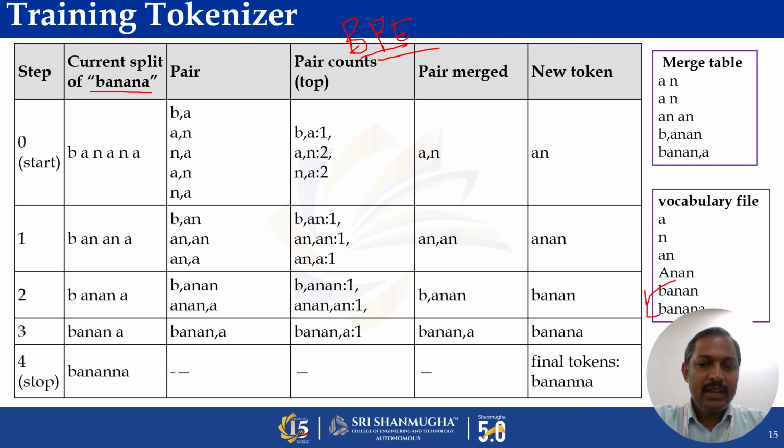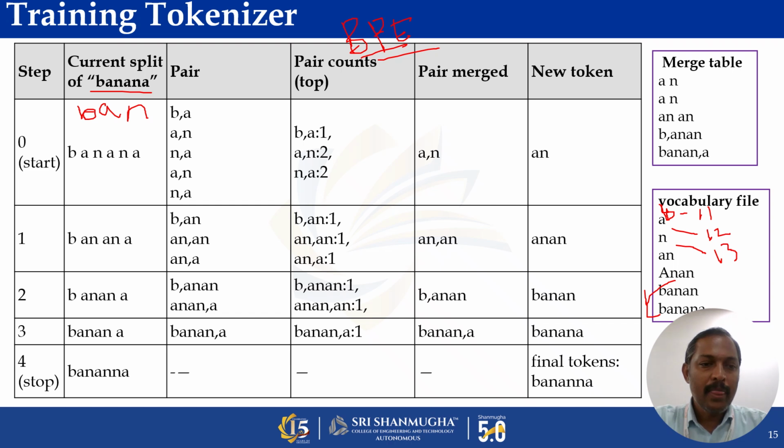There are three unique characters: B, A and N. These are stored in the file, and numbers are assigned, for example B is 11, A is 12, and N is 13.